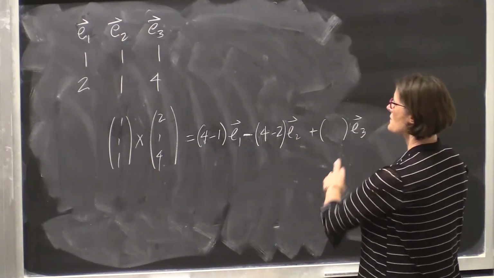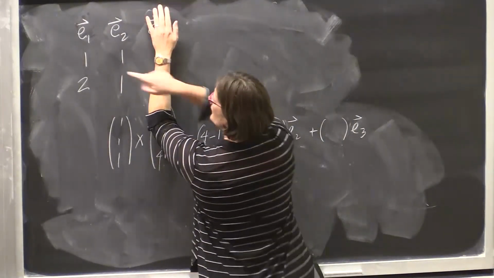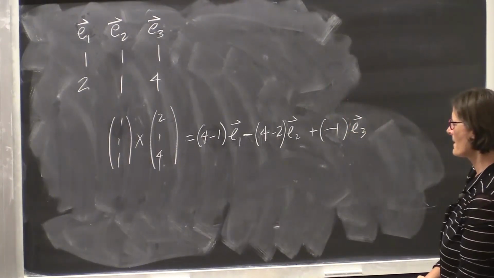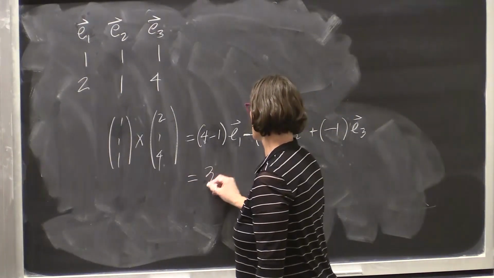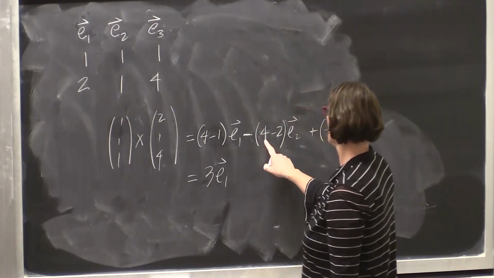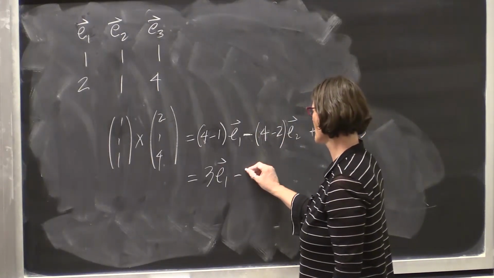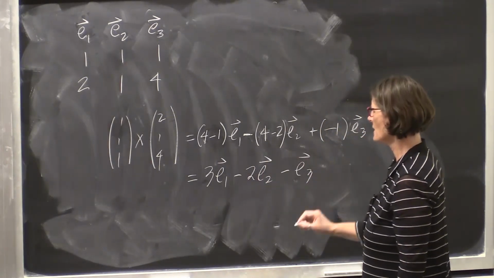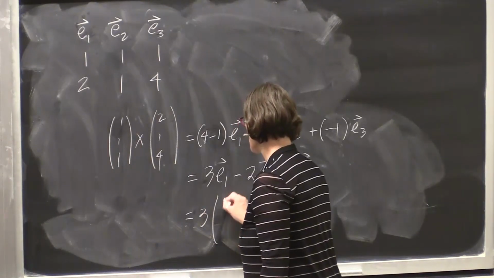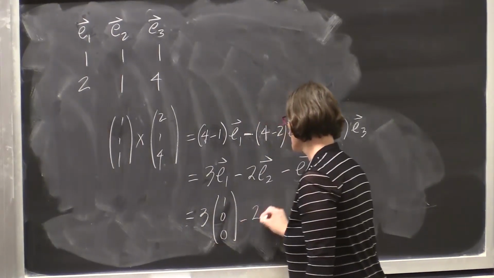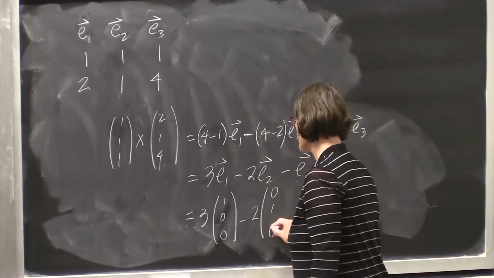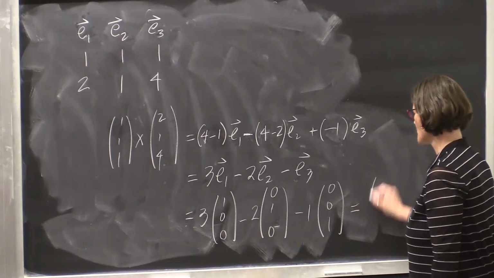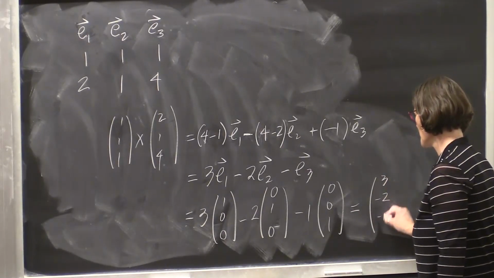And then for E3, we block out this column and we go 1 times 1 minus 2 times 1 is minus 1. So this is 3E1. 4 minus 2 is 2. Then we have a minus, so minus 2E2 minus E3. That is 3 times (1, 0, 0) minus 2 times (0, 1, 0) minus 1 times (0, 0, 1), which is (3, -2, -1).